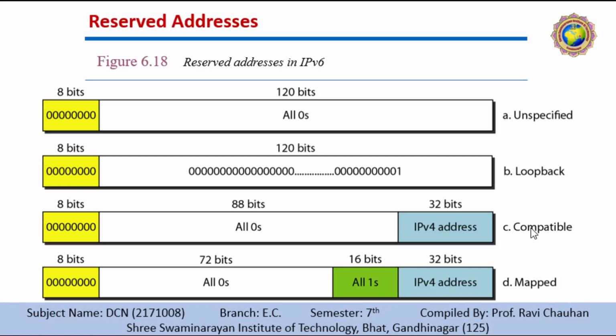A mapped address, the last one, is also used during the translation. However, it is used when a computer has migrated to IPv6 and wants to send a packet to a computer still using IPv4. Most computers currently use the IPv4 version of IP address.